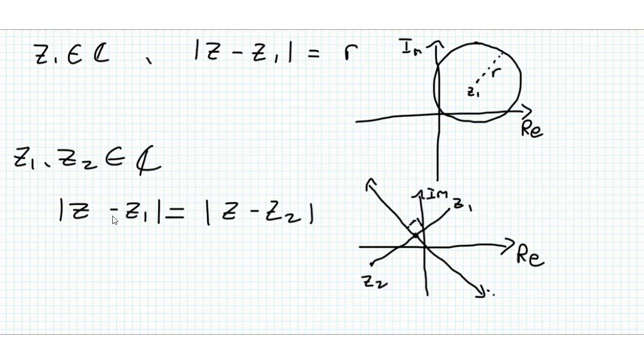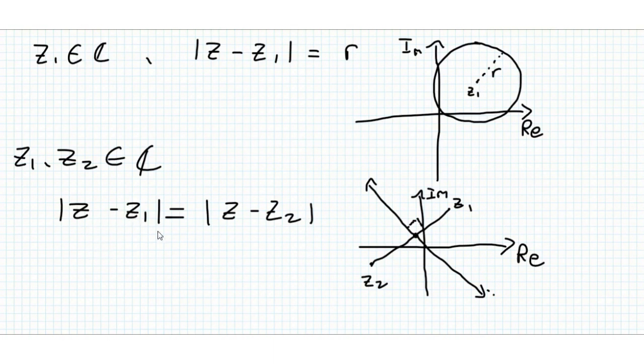And the same for z2. So we're saying, when is the distance between z and these two complex numbers the same? Well, it's when it's on this bisector, perpendicular to the line at the midpoint between z1 and z2. I mean, that makes sense.